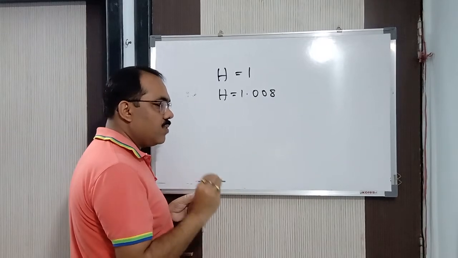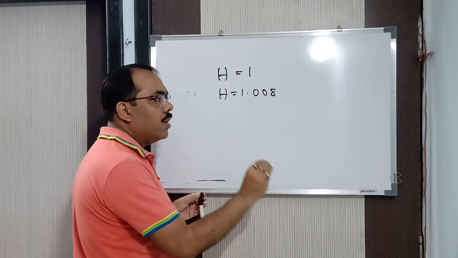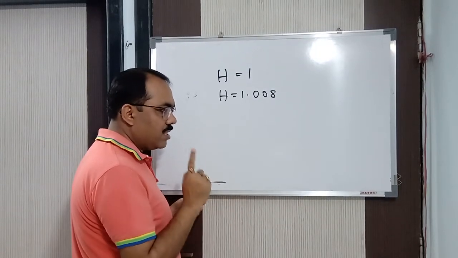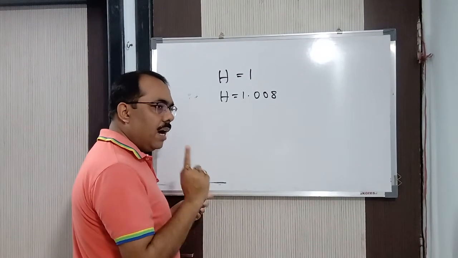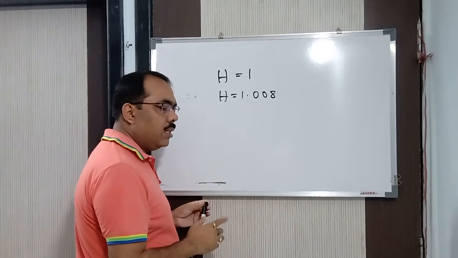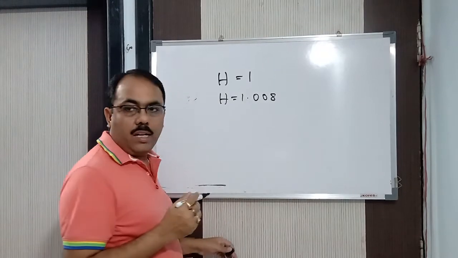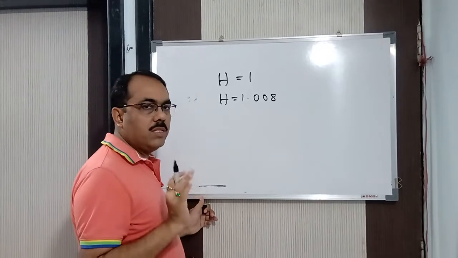Isotopes are the atoms of the same element having the same atomic number but different mass number. We will see this in higher classes, that each and every element has some isotopes present in it.